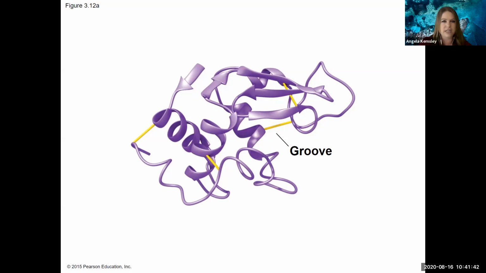But I don't expect you to get too much more in depth than that. The main takeaway here is that shape affects function. All right, just make sure you get that out of this lecture, that shape affects function. So the shape of a protein is going to change its function. And since proteins perform so many functions, we are going to talk a little bit about protein shape. So this is one of the computer drawings that you'll see a lot for proteins.